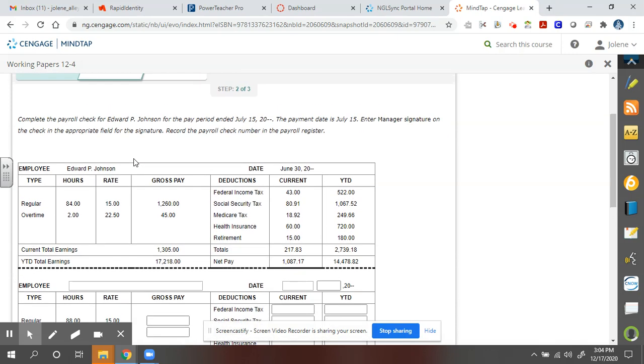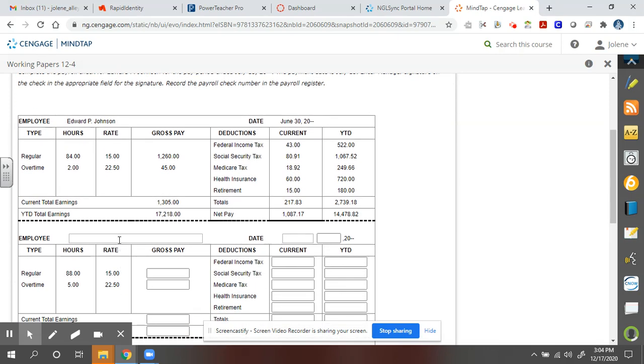So we put Edward P. Johnson, and this is July 15. Remember, when he got paid June 30th, the next day was July 1st. So this is the next pay period.